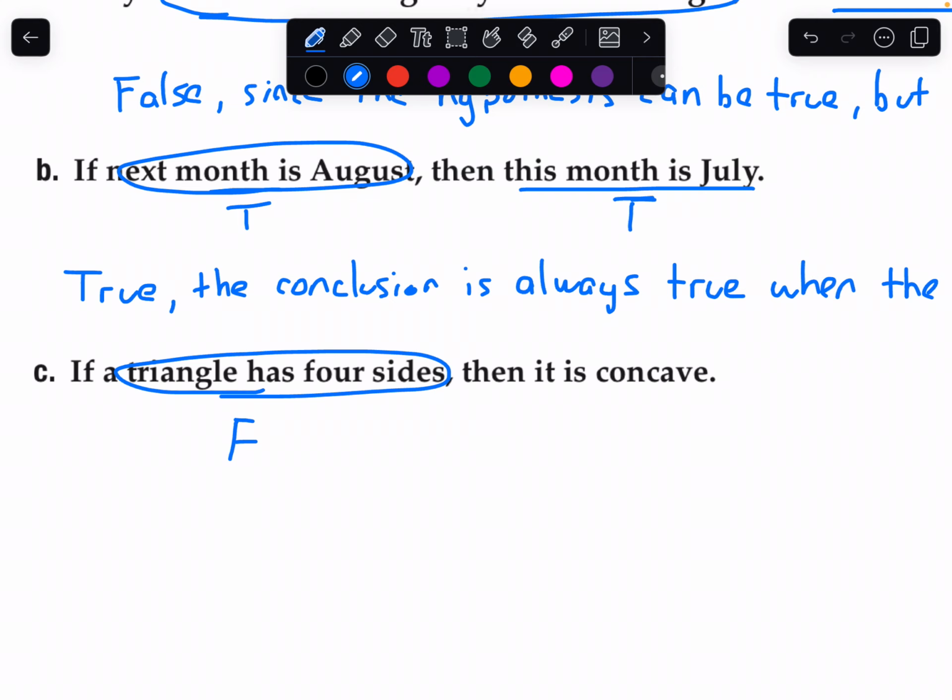Our conclusion, it is concave, well, could be true or false. I'm not really sure what we're talking about here. It would refer back to triangle, just by rules of English, but that's not really guaranteed.